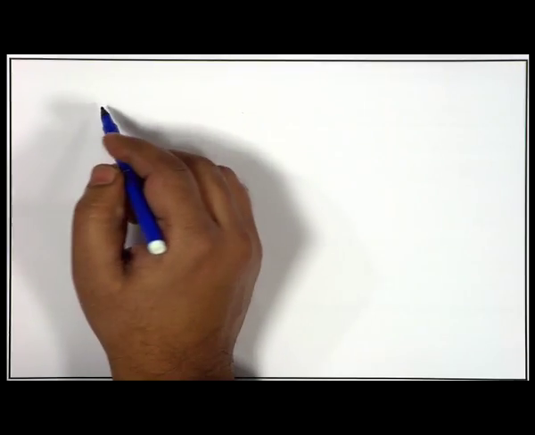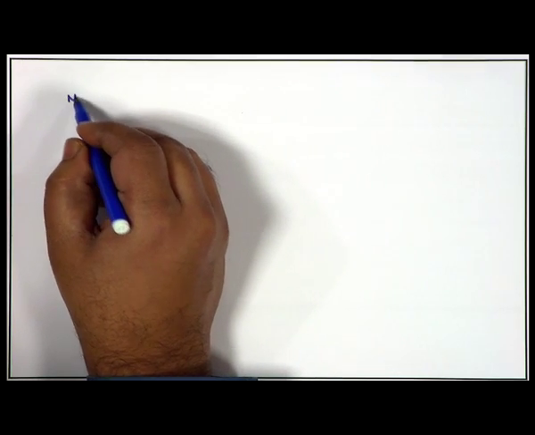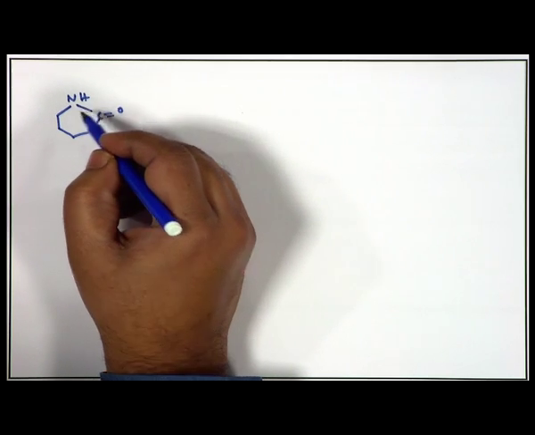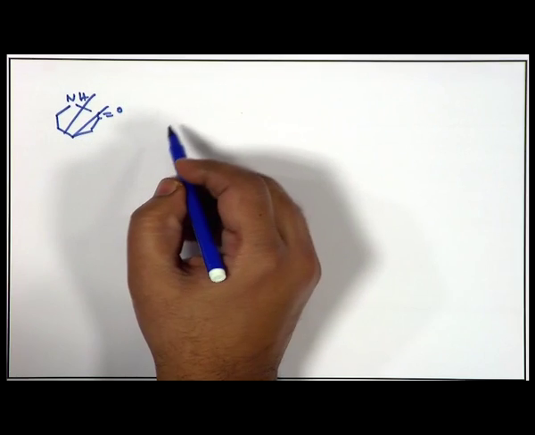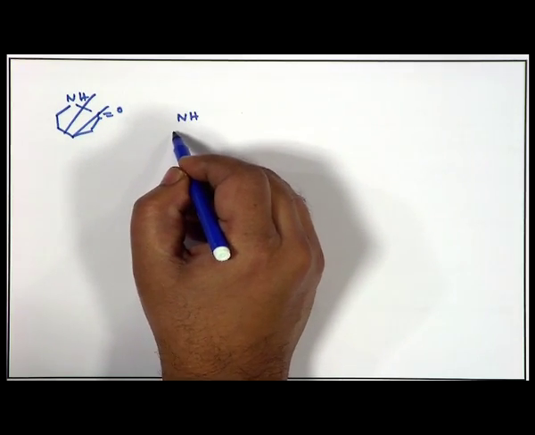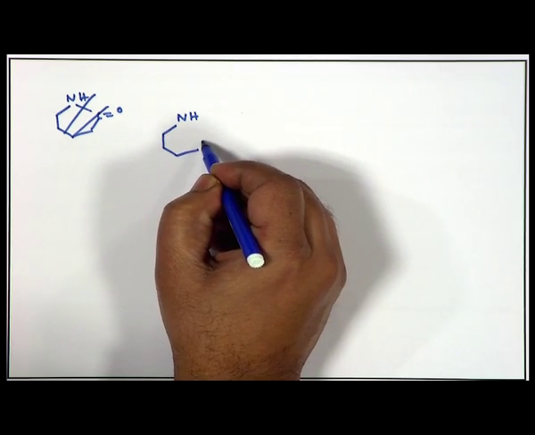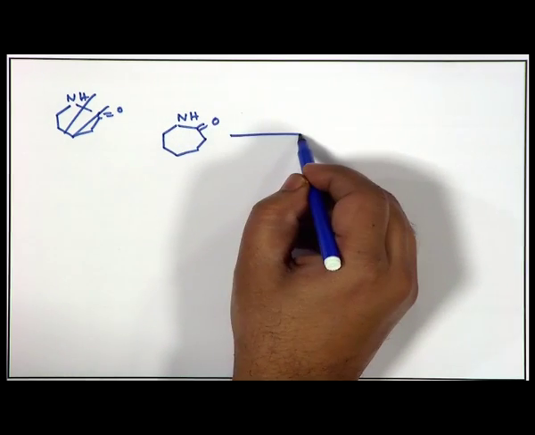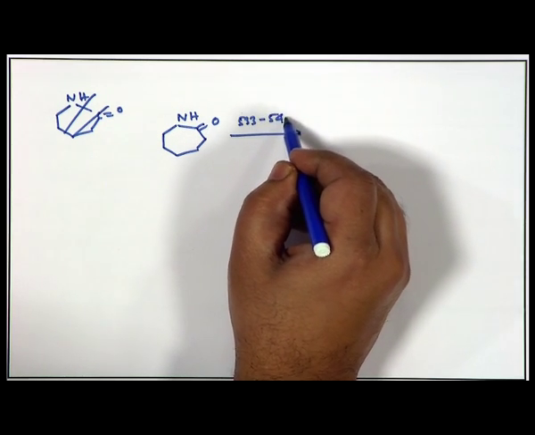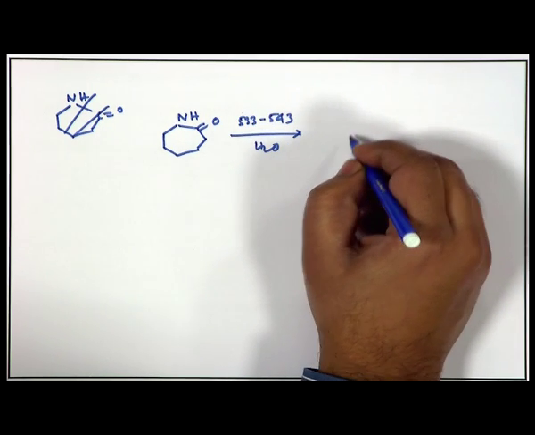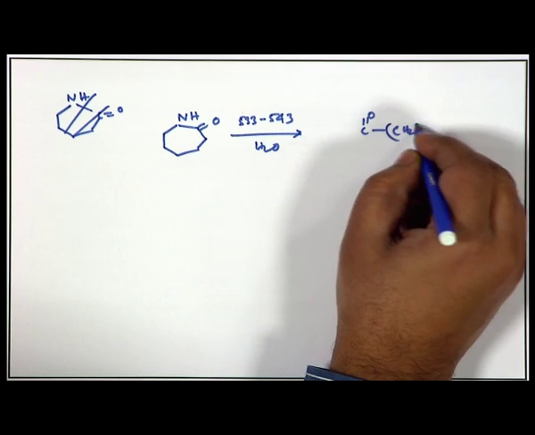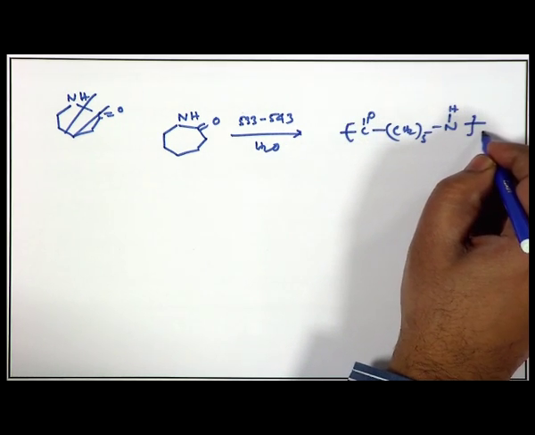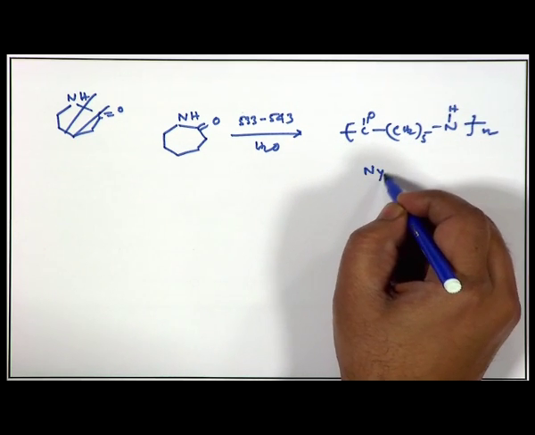Now, as an example of synthesis by ring opening polymerization, you can take caprolactam, which is a 7 membered cyclic amide, which you can ring open in the presence of some catalyst and make nylon 6.